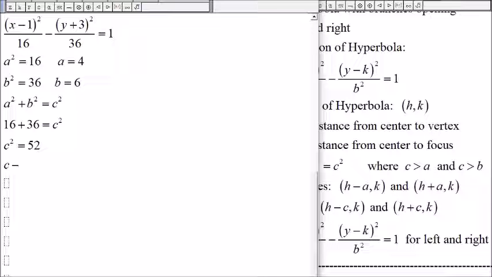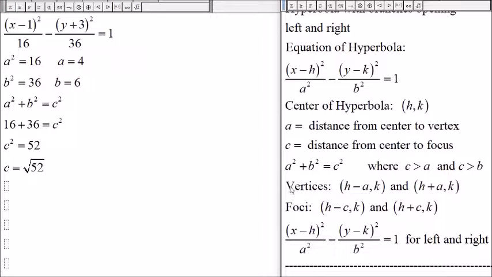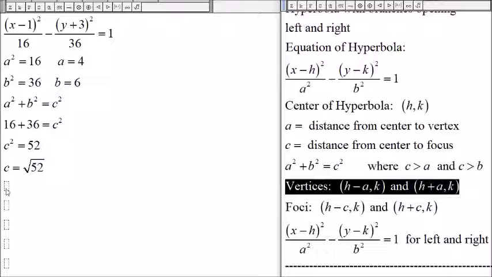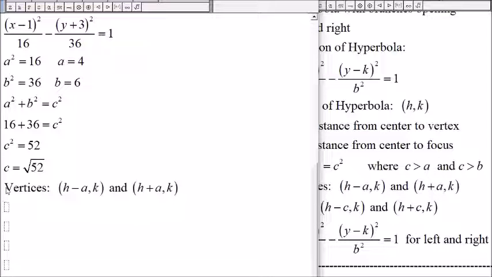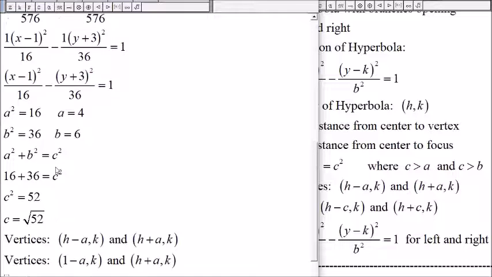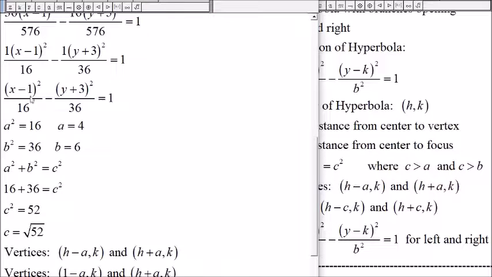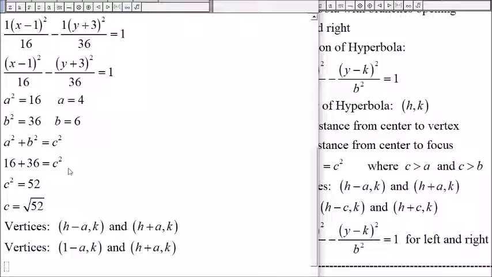And so c will be the square root of 52. So the vertices. Don't forget to write the center. The center will be 1 and negative 3.